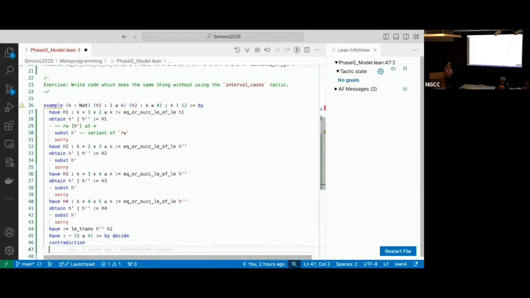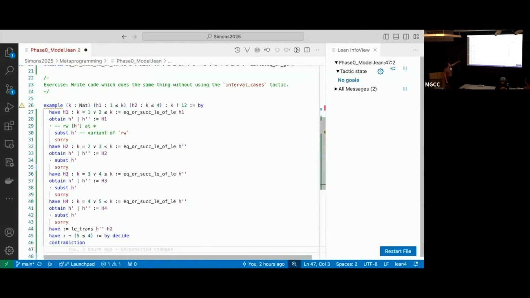So tomorrow someone might give you a problem where the range you've got on K is between 7 and 3000. And if the range you've got on K is between 7 and 3000, it's not going to be fun to write it all out this way. But the algorithm is still perfectly possible, and you can see, if you did have to write it all out, how it would work. This is when we start writing tactics.